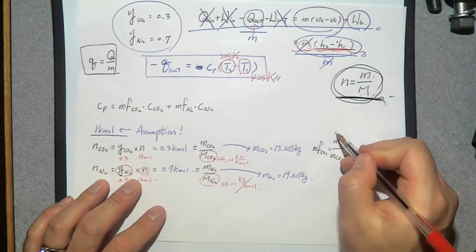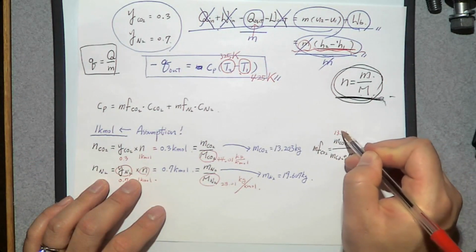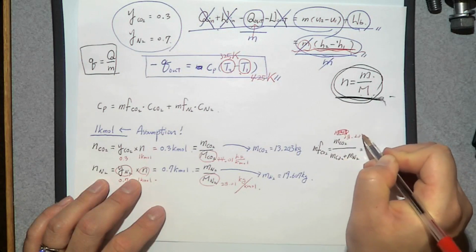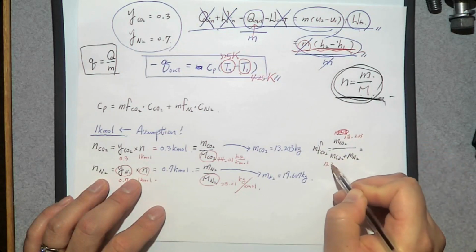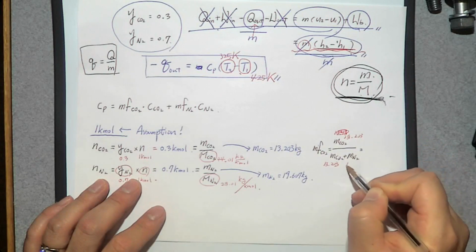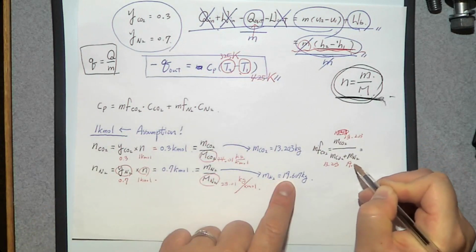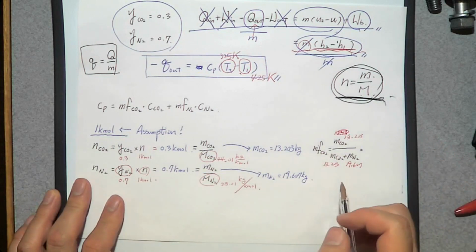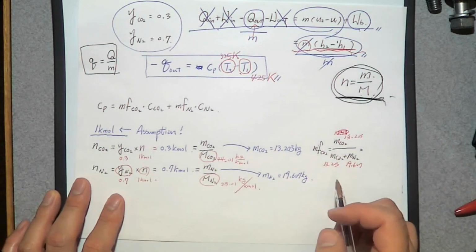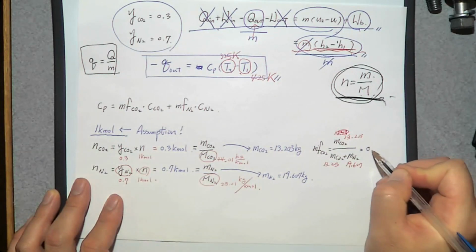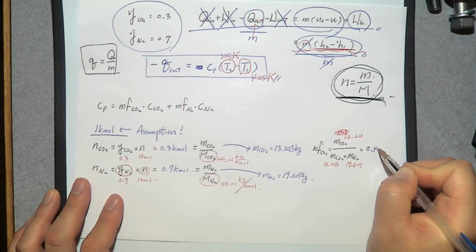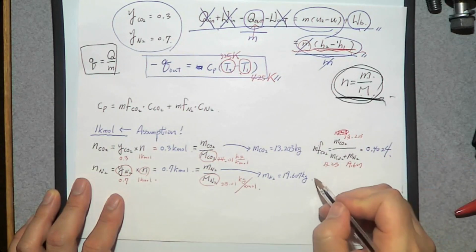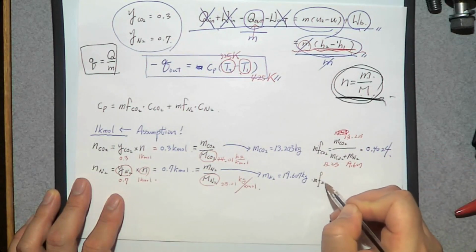So we have 13.203 over 13.203 plus 19.607, so the mass fraction is 0.4024.